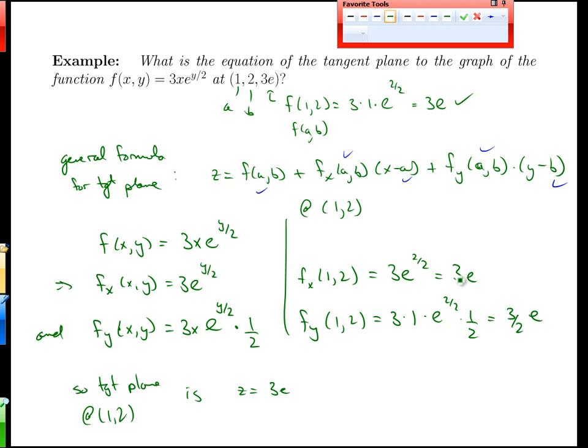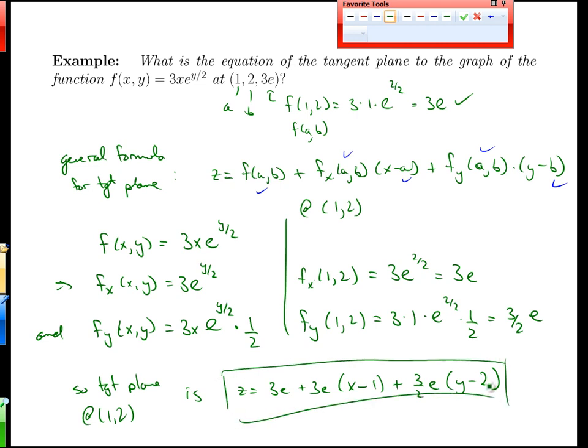We've got the x derivative, another 3e, times x minus a, where was a? a is up here, a is 1. And last but not least, the y slope times e, y minus b, which is y minus 2. So that whole collection there defines our tangent plane to this complicated surface.